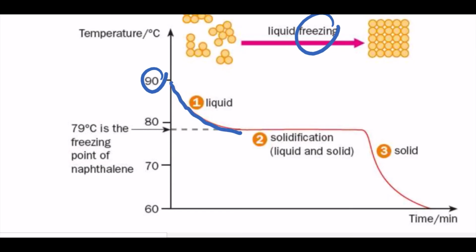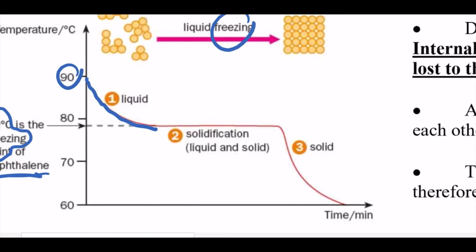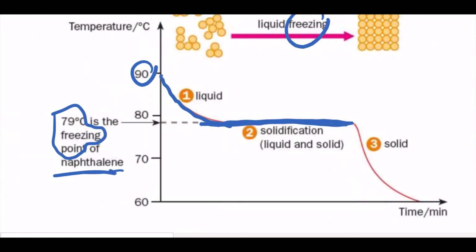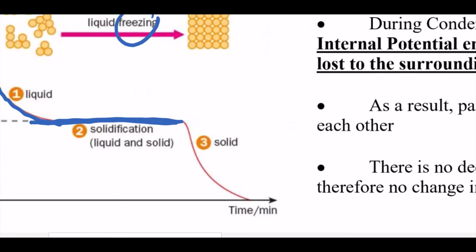Sorry, this is a different substance. This is naphthalene. Naphthalene has a freezing point of 79 degrees Celsius, so just take note here. You see the horizontal line, the freezing or solidification part, at the temperature of 79 degrees Celsius. So what is actually happening here?